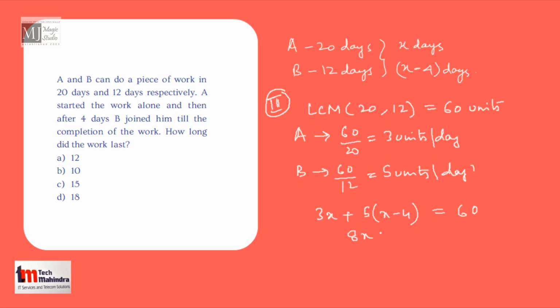That is 8x minus 20 is 60, x equals 10 days. Again, we end up with the same equation without actually framing the fraction part. This also we can use.